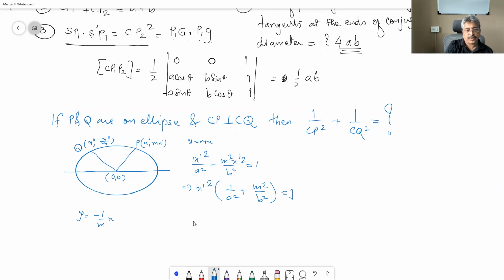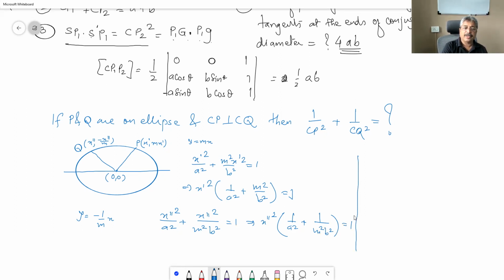It satisfies the equation again, so x double dash square upon a square plus x double dash square upon m square b square is equal to 1, and therefore x double dash square inside bracket 1 upon a square plus 1 upon m square b square is equal to 1. These are the two relationships that we have.